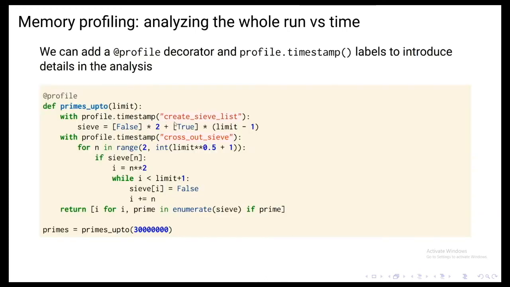So we add a timestamp, create CF list, and everything that is indented within this with statement will be indicated in the plot, as we will see. Then we add another timestamp, and here we mark all the part which is cross out the sieve.